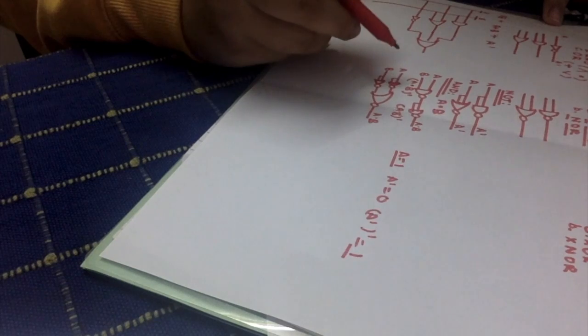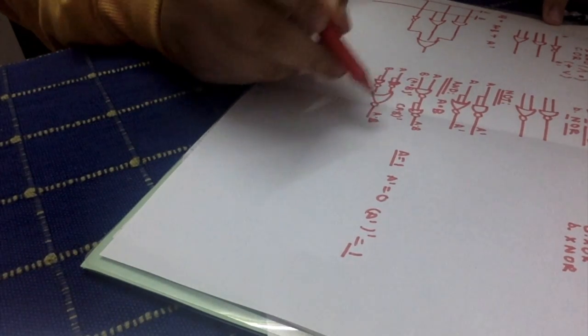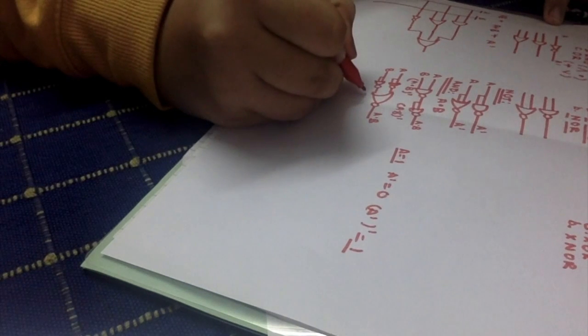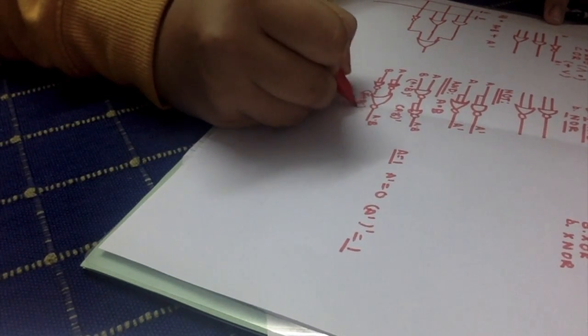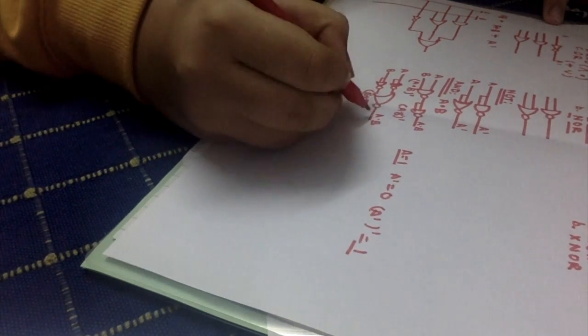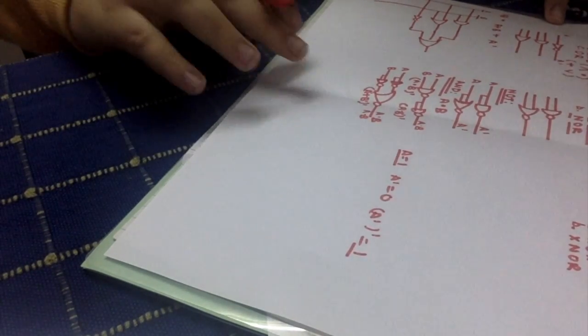What happened here? Same, it got negated, and when it further got negated, it will give you A into B. What you have here is nothing but A negation, B negation, whole negation. So it will give you A, B. That's why you first negated them and then you put the main NOR gate.